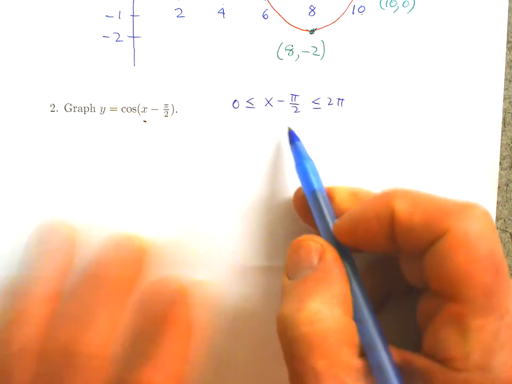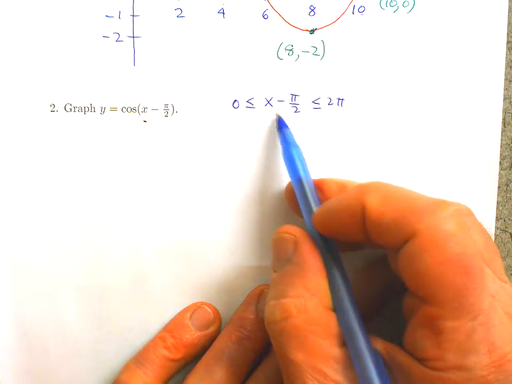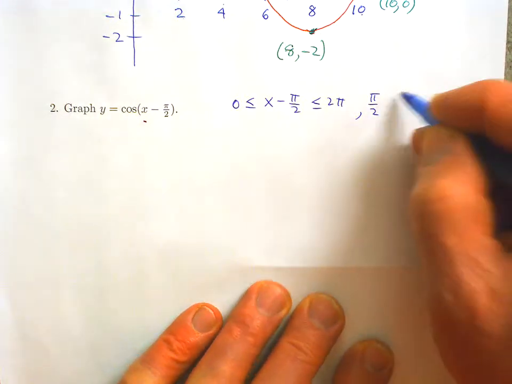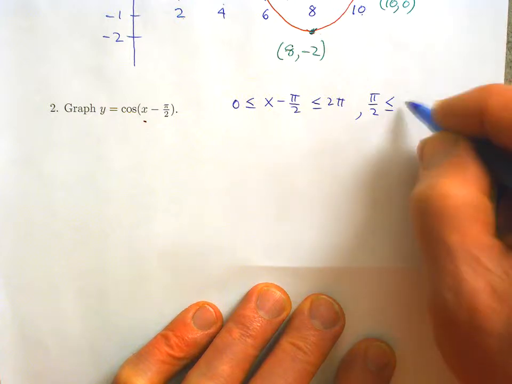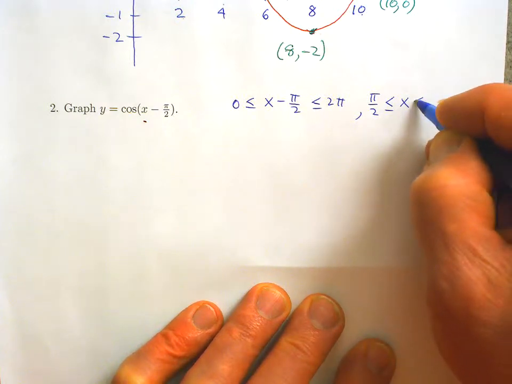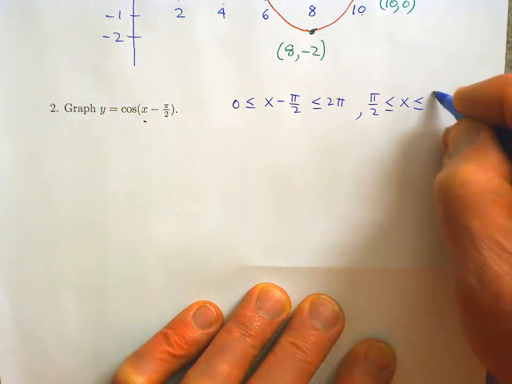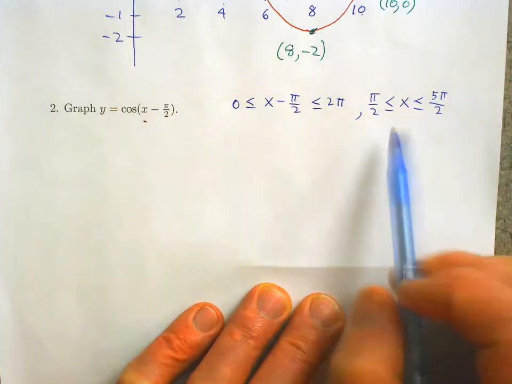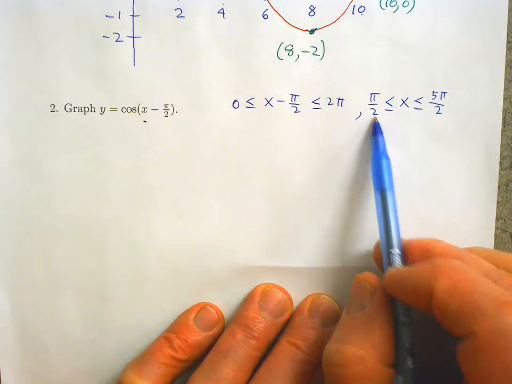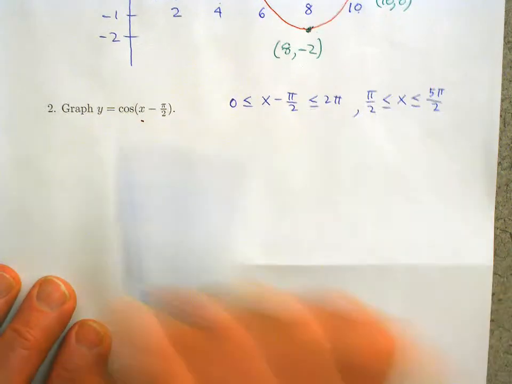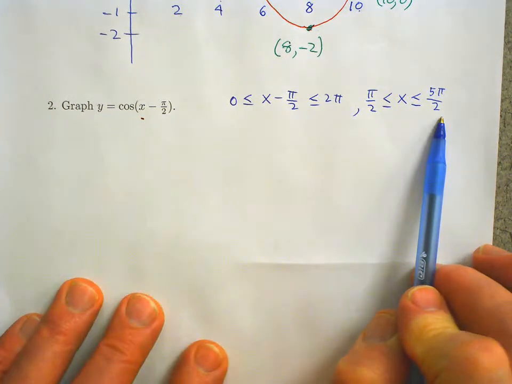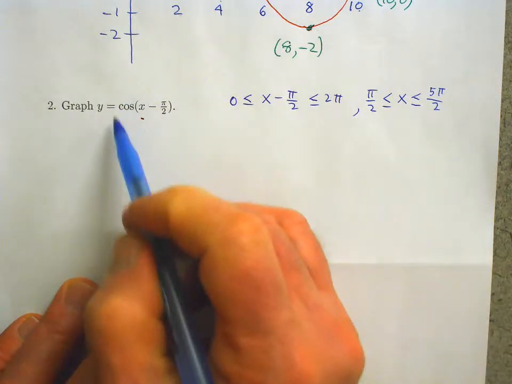And then we're going to solve the compound inequality for x. So we add pi over 2 to all three parts. Pi over 2 is less than or equal to x, which is less than or equal to 5 pi over 2. Okay, so the interval that I'm going to sketch the graph of is from pi over 2 to 5 pi over 2. The amplitude is 1.